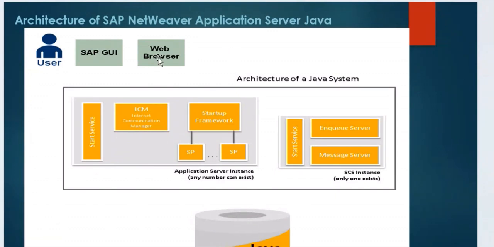Whenever any request comes, it comes directly to the ICM. Basically, the request coming from the web browser is taken care of by the Java stack, while any request coming from our SAP GUI or logon pad is taken care of by the ABAP stack.